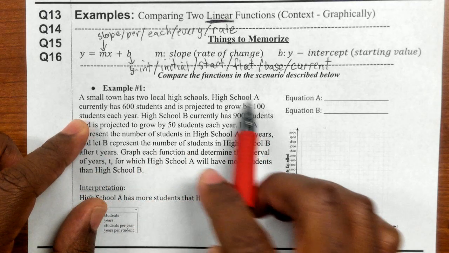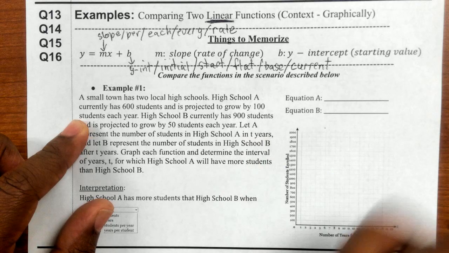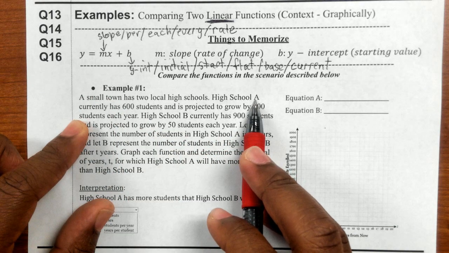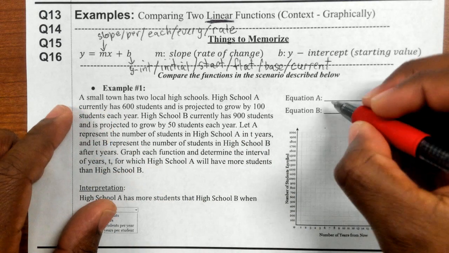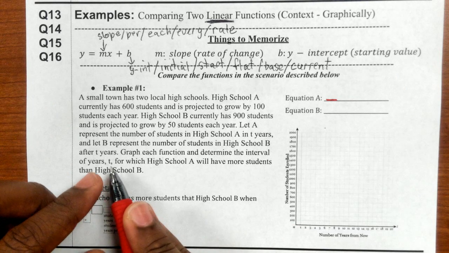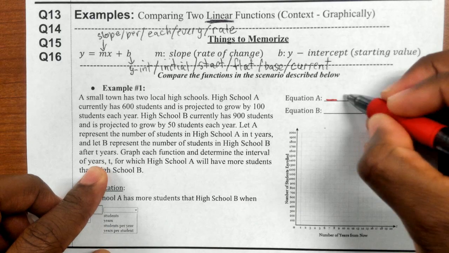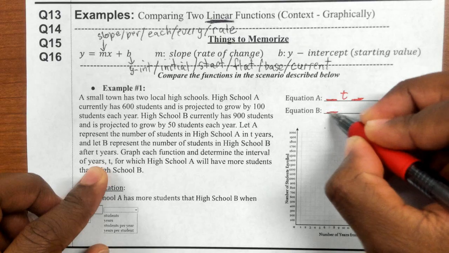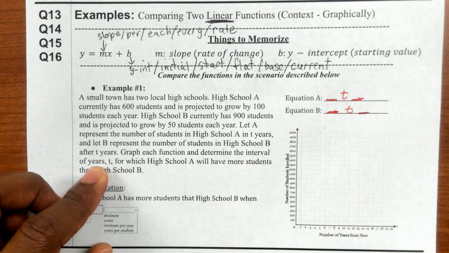So we're going to write an equation that represents High School A. The equation is not going to be for y, but for A. Now we're going to identify the slope, and they say to use not x, but the letter t, and some y-intercept. So that's what this is going to look like: some slope, the letter t, and some y-intercept, okay?